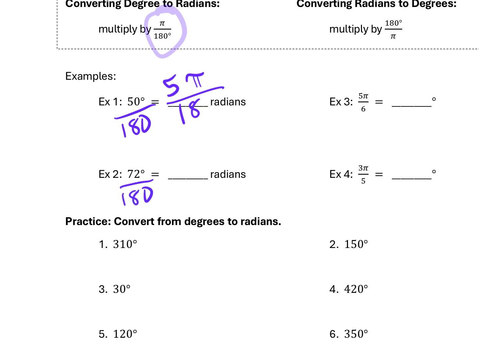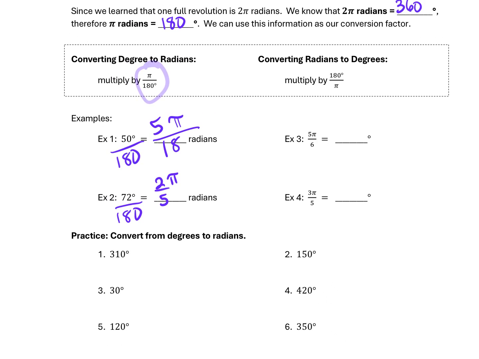What do we get as our fraction? 2/5. Good. So it's 2/5. We've got to remember to include the pi also. So 2/5 pi, or 2 pi over 5. You can say it either way. The pi is considered part of that numerator. Okay? All right. So that's if we're going from degrees to radians.